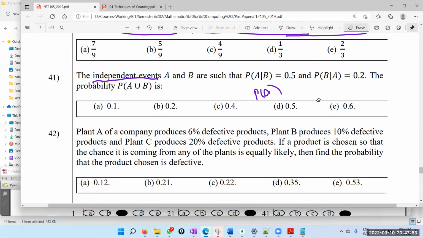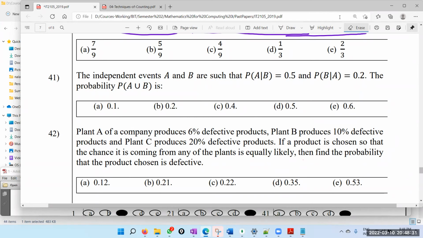Let's see it. Independent events. That means A does not depend on B, B does not depend on A, right? Let's try drawing a tree diagram for independent events.